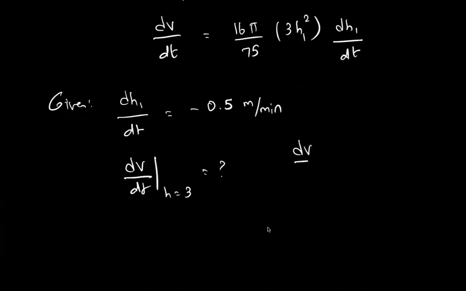So dV/dt is 16 pi over 75 times 3 times 3 squared, which is 9, so 3 times 9, times dH/dt, which is negative 0.5.